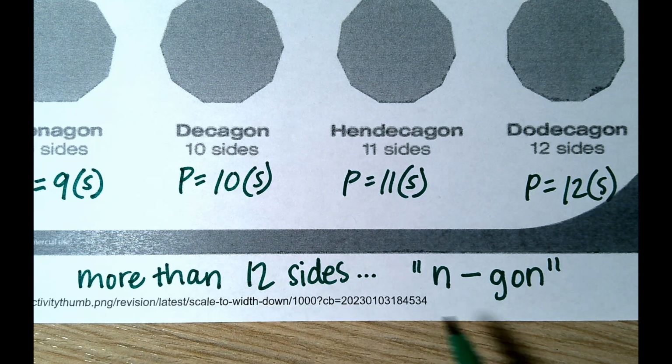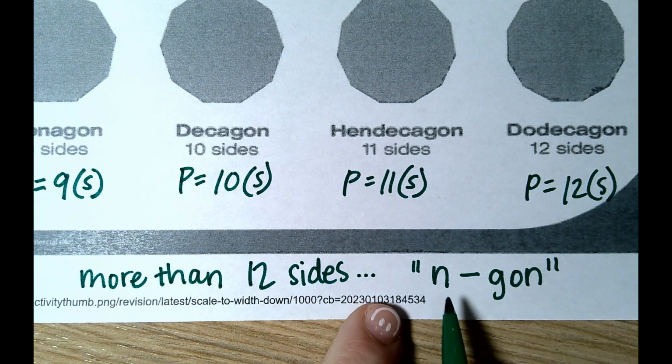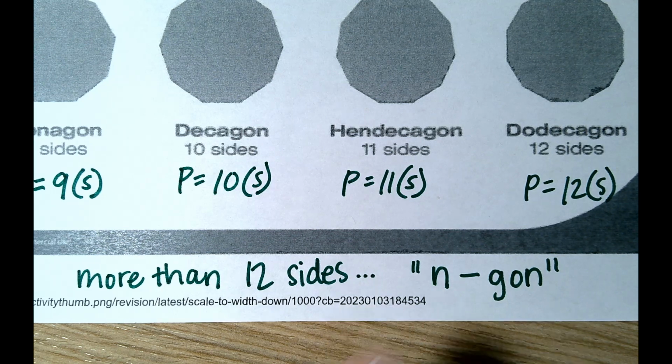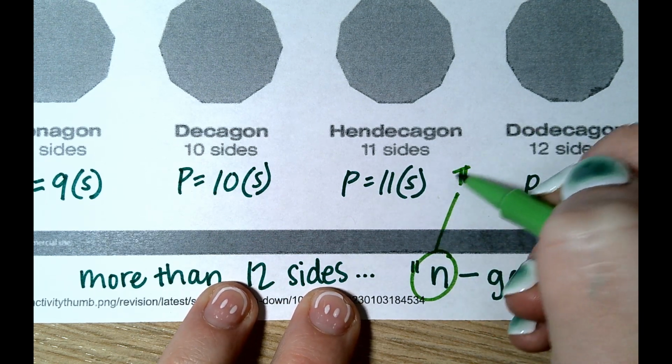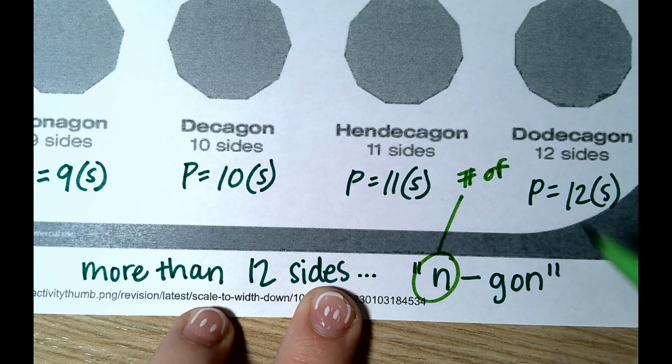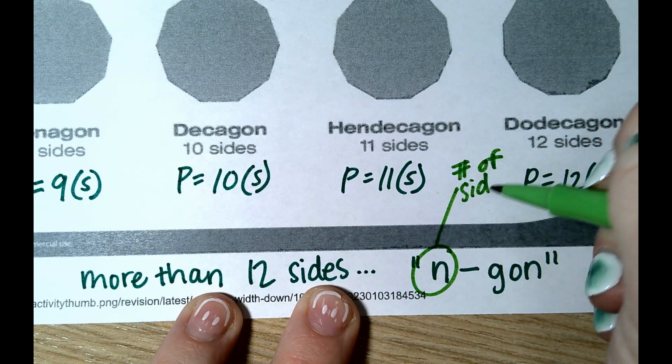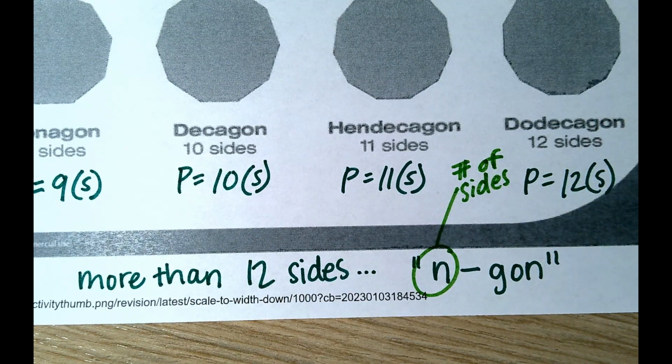So if I had a shape with 98 sides, we would call it a 98-gon. Very creative. If we had a shape with 43 sides, it's a 43-gon. That's how we name them. So they kind of just gave up after 12, basically. So this is number of sides. Okay.